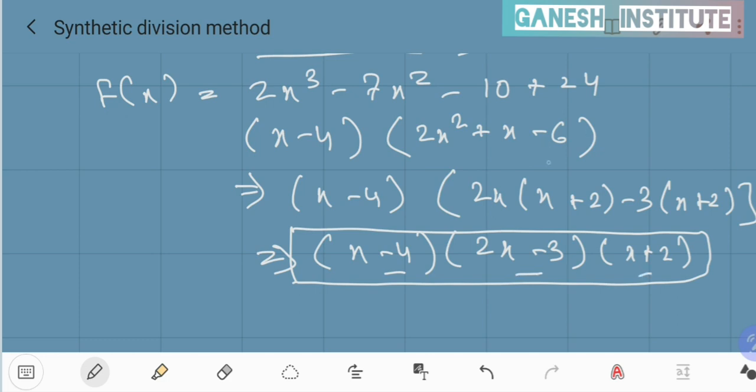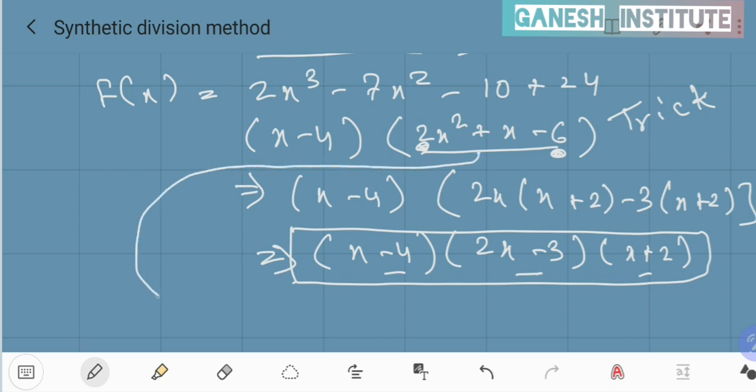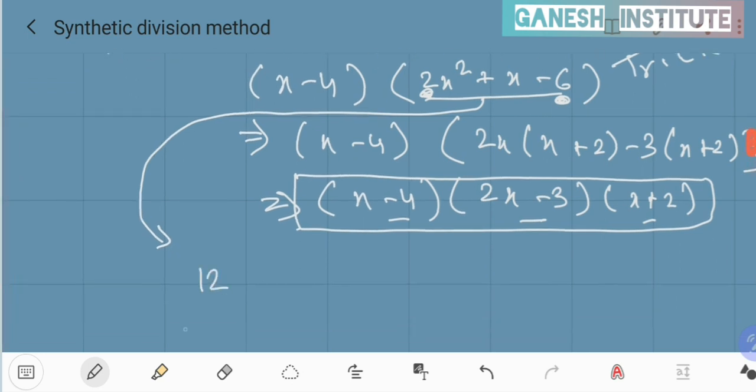We can solve this equation by using a trick also. First of all, we need to multiply this number with 6, the constant, which gives us 12. Then factorize it again in the same way so as both the factors should be prime with respect to each other.